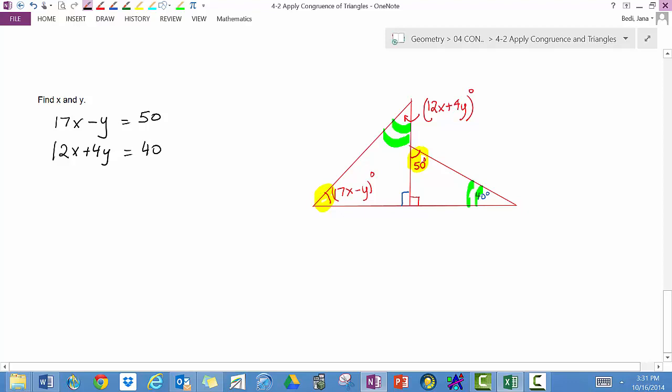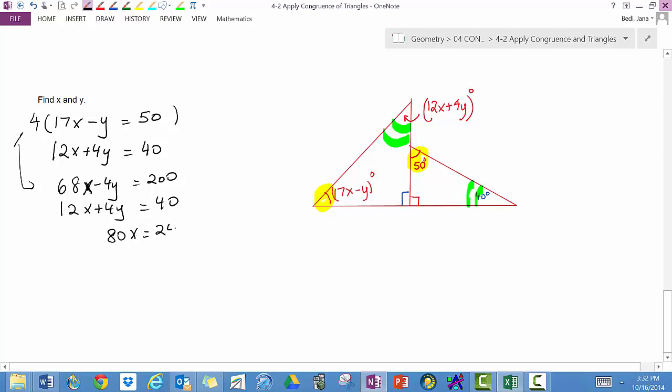You may or may not remember how to solve systems of equations. You can use elimination or substitution. What I'm going to do is multiply this by 4, and that gives me 68x minus 4y is equal to 200, and I have 12x plus 4y is equal to 40. If I add these two equations, I'll get 80x is equal to 240.